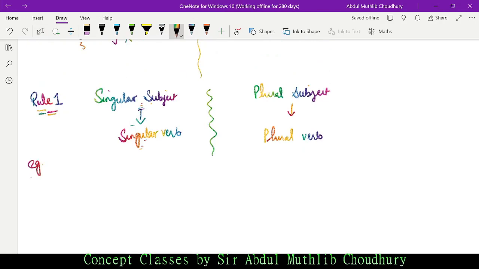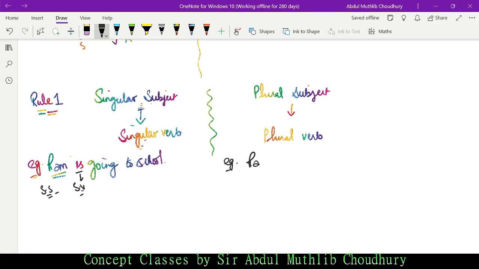Let me give an example. Ram is going to school. Here Ram is a singular subject, and is in this case is a singular verb. Whereas in the other case, I say Ram and Sham.